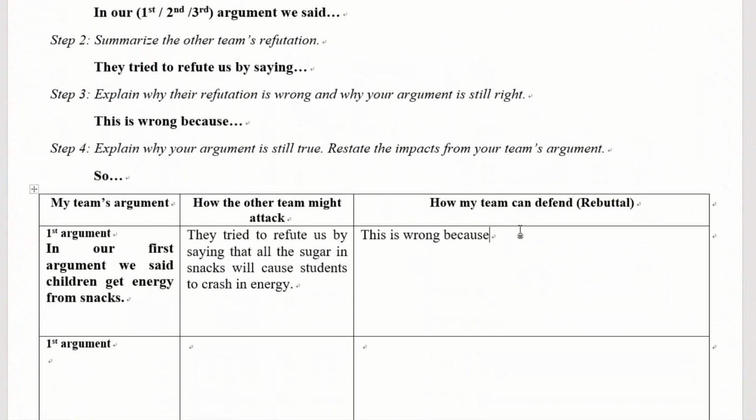So you can say this is wrong because, like I said in my refutation, children have to eat and eat healthy lunches. Okay, but how? You're probably thinking, how does that make sense? How do we connect? Well, you need to connect your thought back to this. Why are you saying this? Why is this important, right?